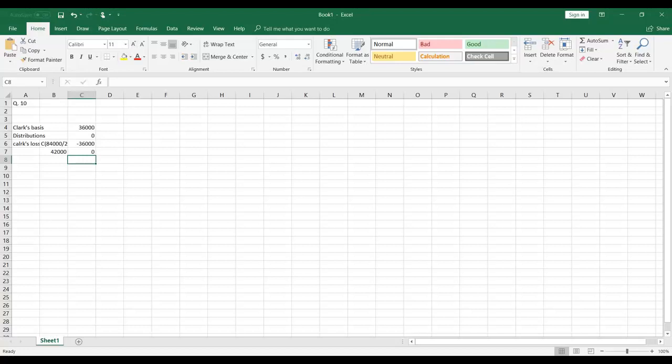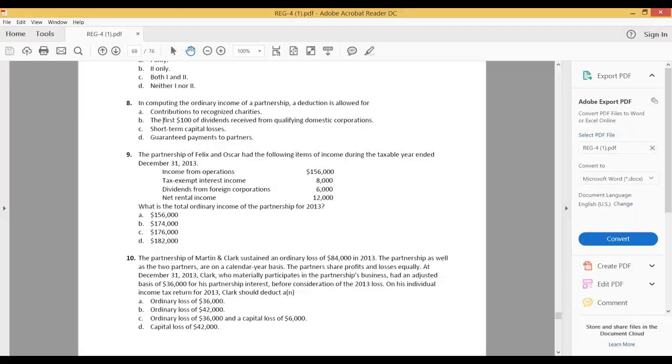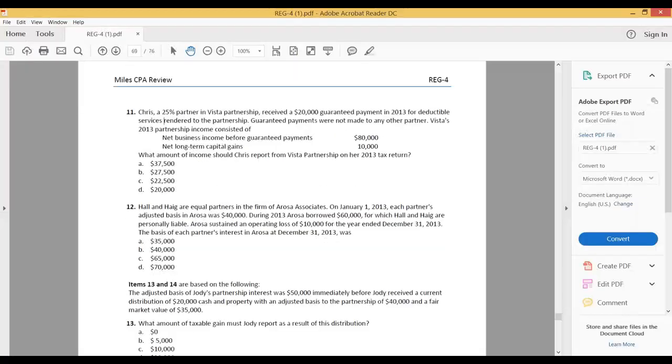Let's do one more question here, actually. Question 11. Okay, Chris, a 25% partner in Vista Partnership, received a $20,000 guaranteed payment in 2013 for deductible services rendered to the partnership.